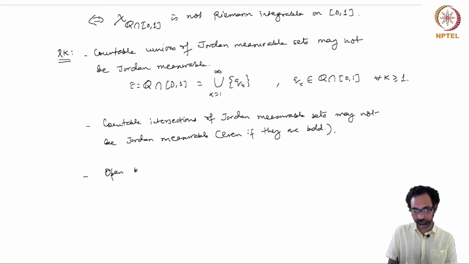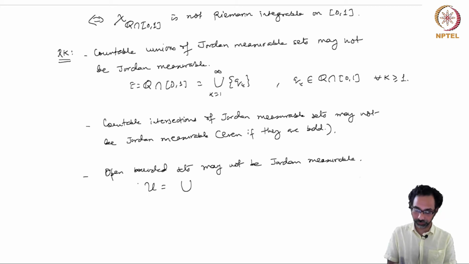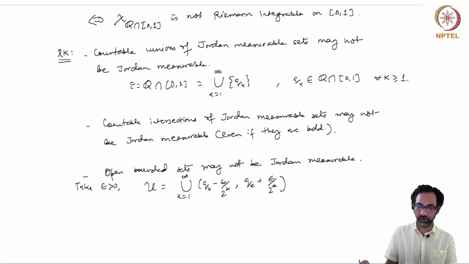Another remark is that open bounded sets may not be Jordan measurable. One example for this is the following. Take an epsilon greater than 0, and take the union of these intervals qk minus epsilon by 2 to the power k and qk plus epsilon by 2 to the power k.